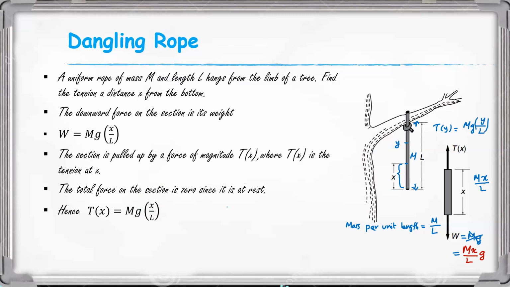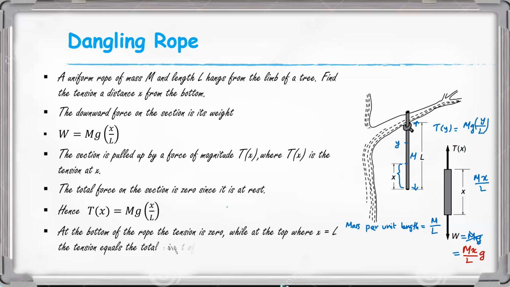So then at the bottom, T at bottom x is equal to 0. Then at the bottom it is equal to 0. Okay, and at the top, T of L is equal to mg L by L, that is equal to mg.